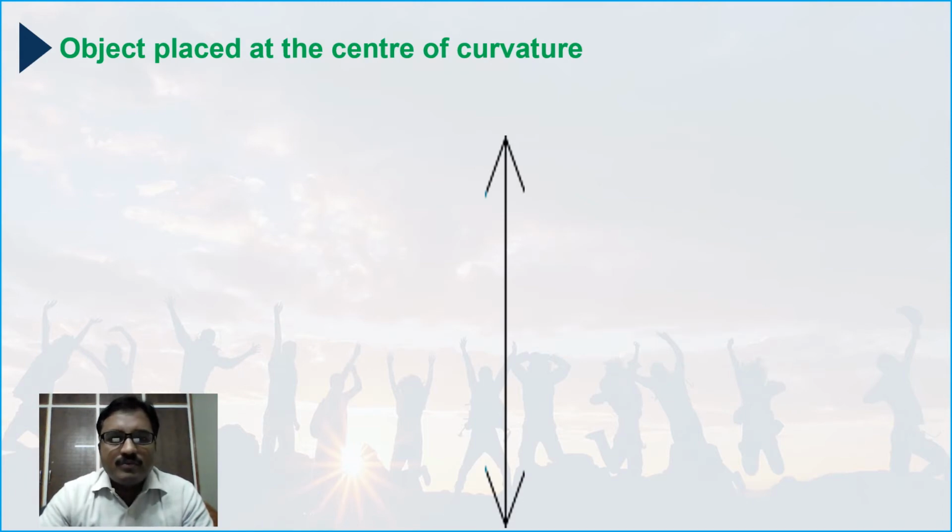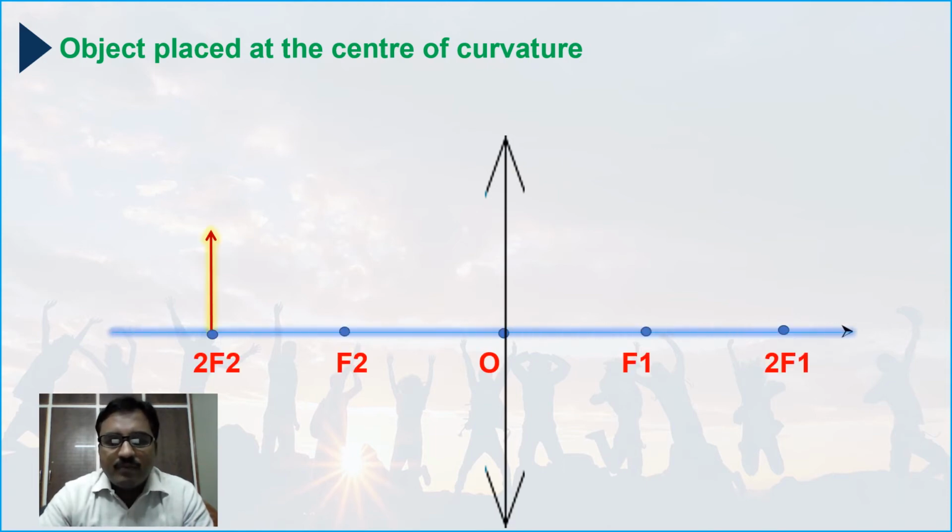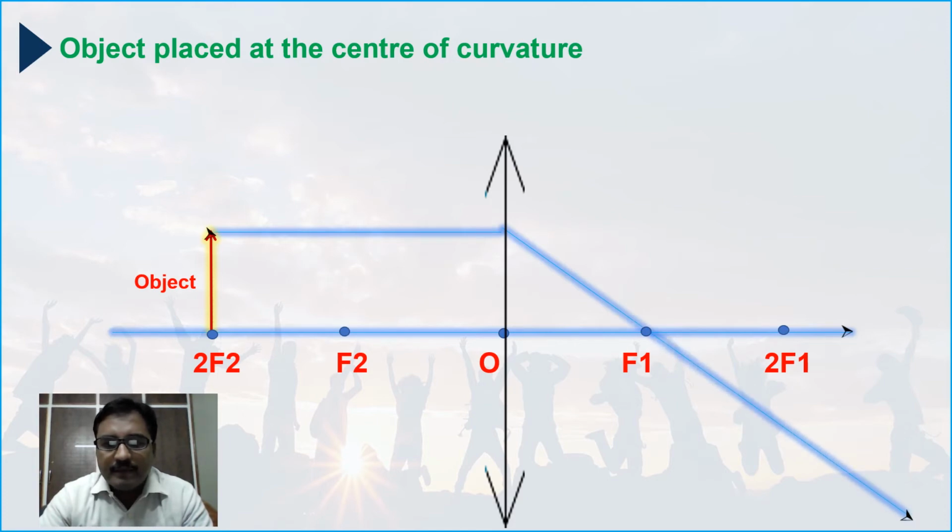Next, position of the object at the center of curvature. Now again we have to draw the convex lens, and then the principal axis. We have to mark the points, and now we have to place the object at center of curvature. What we have to do? Initially we have to draw a ray parallel to the principal axis. After the refraction, it is going to pass through the focal point.